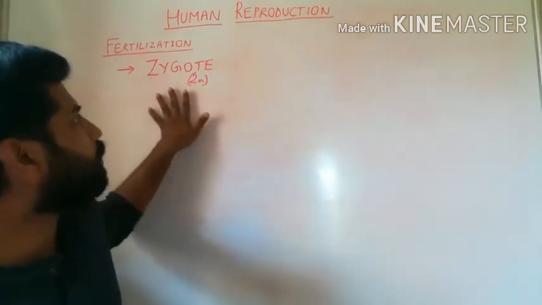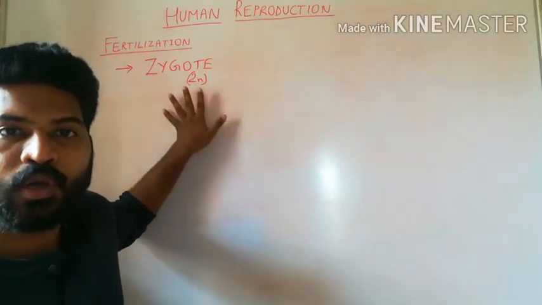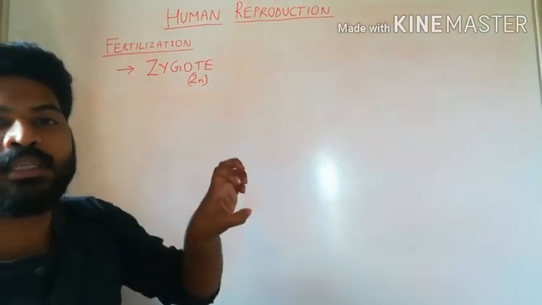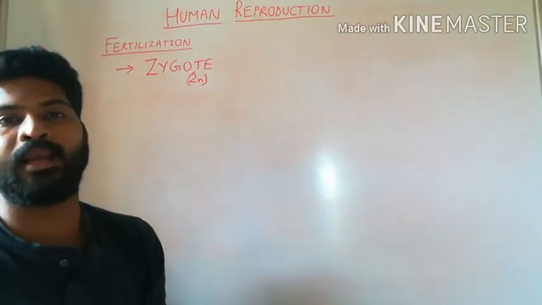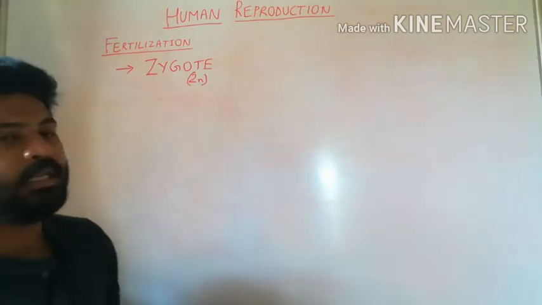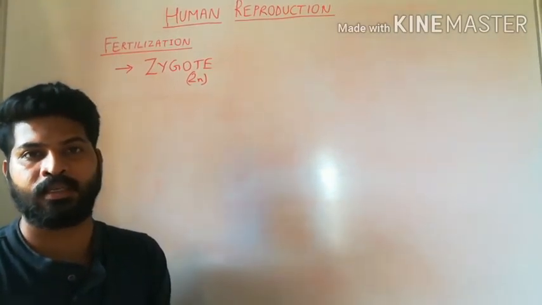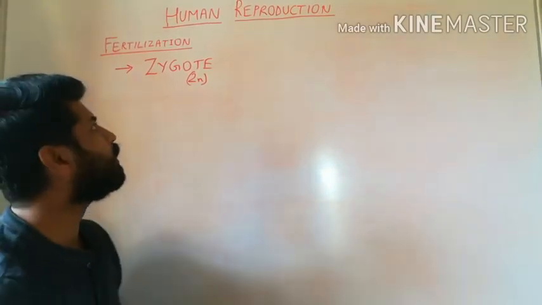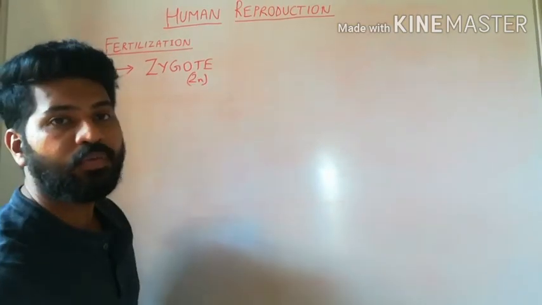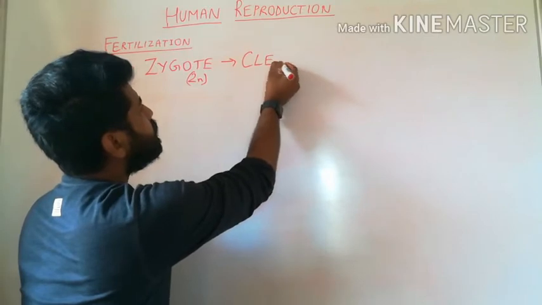So the zygote contains the cytoplasm of the ootid, and the nucleus is a fusion of the male and the female nucleus. This zygote, after 24 hours, will start undergoing a series of divisions called cleavage divisions.